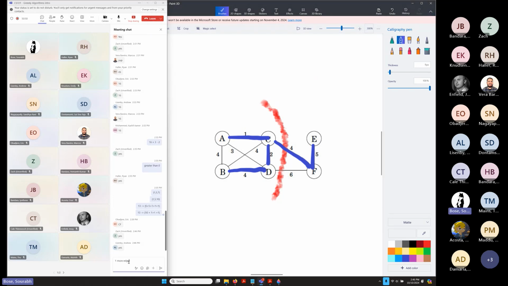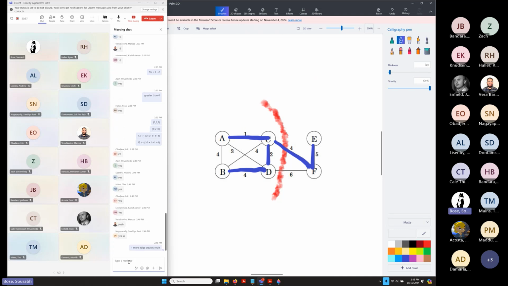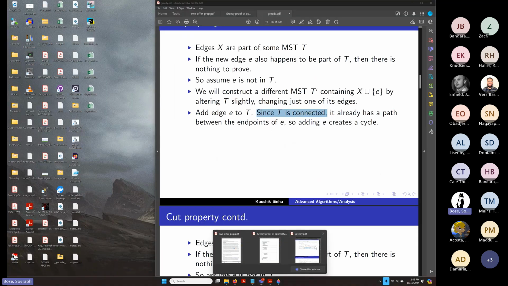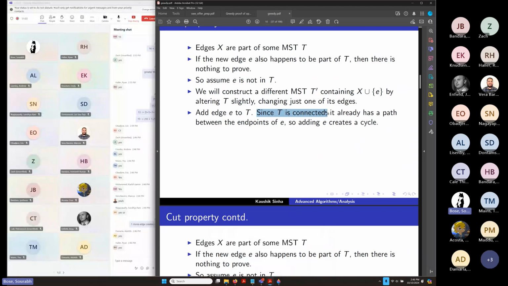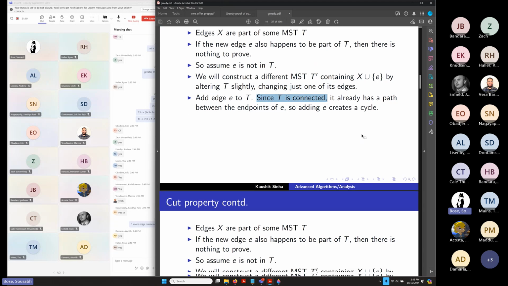Awesome. So that is what this says: since T is already connected, it already has a path between the endpoints of E. So adding E creates a cycle.